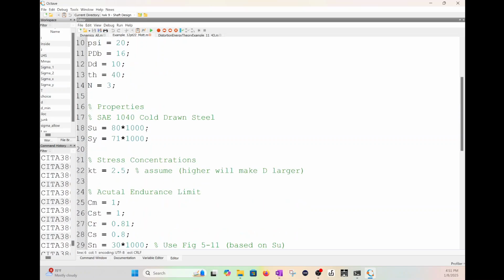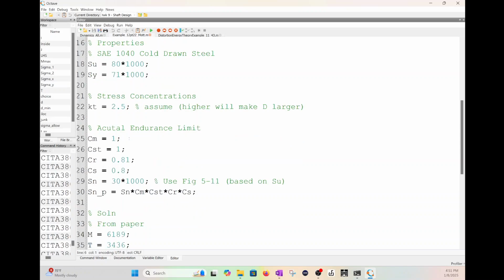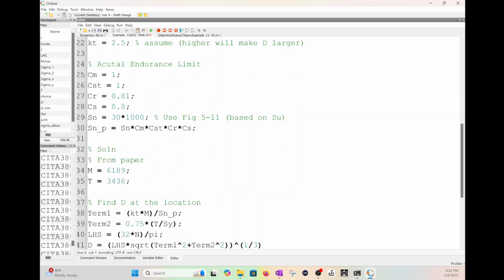Okay. Properties, we're using cold steel, Su 80,000, Sy 71,000. I assumed a KT of 2.5. Here's my endurance calculations: Sm, CST, CR, CS, Sn, and then Sn prime. From the paper, all right, this is the calculations that we found.